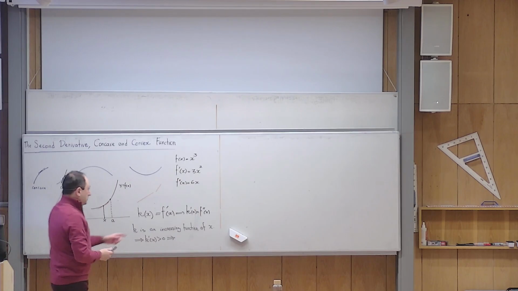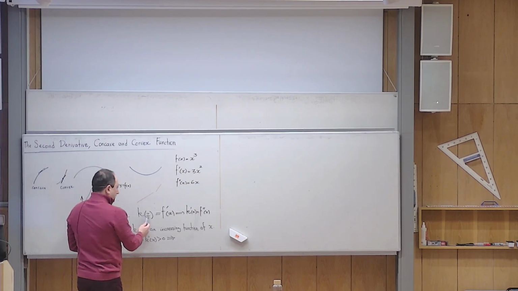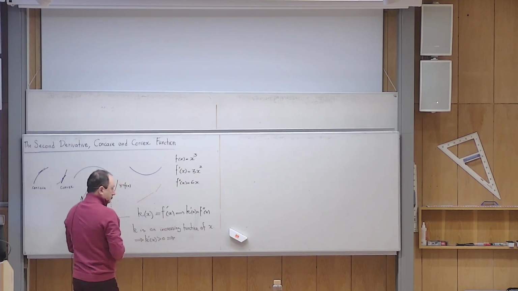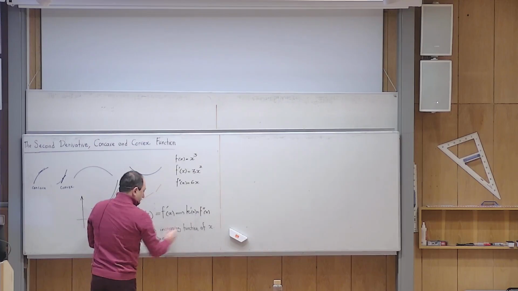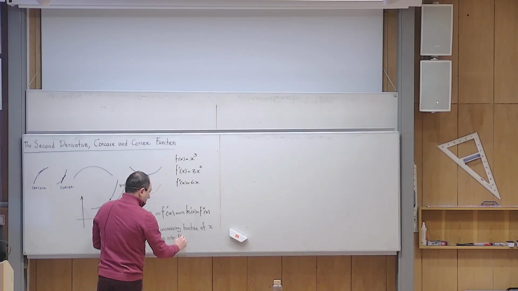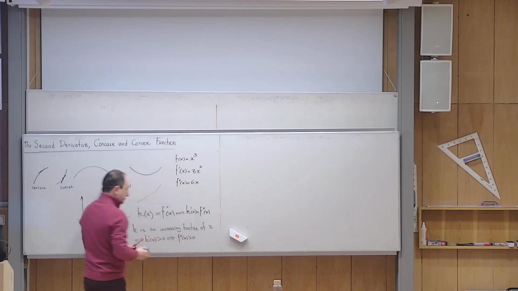Okay, so this means that if k of x is f prime of x, and k prime of x should be positive because k is an increasing function of x, then k prime of x, which is f double prime of x, is positive.